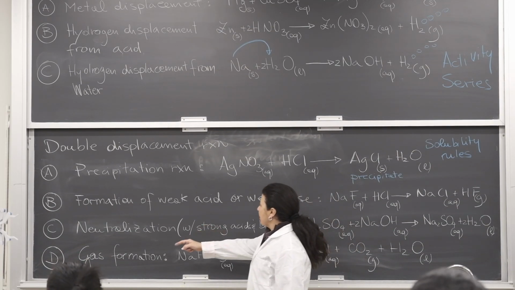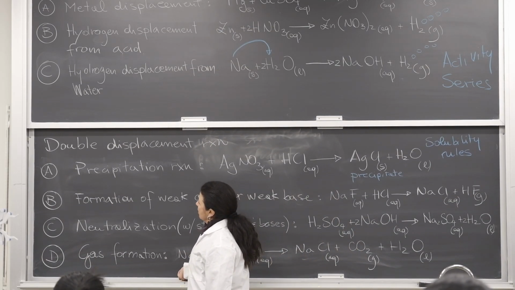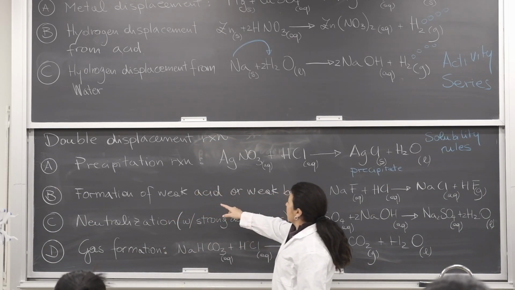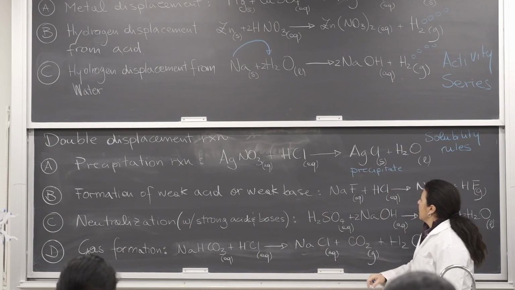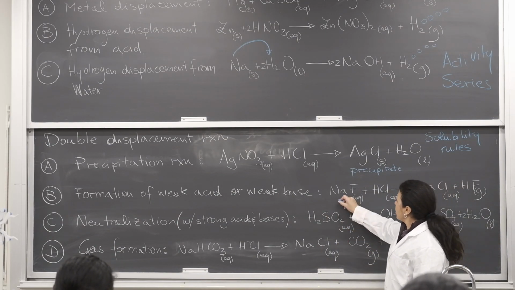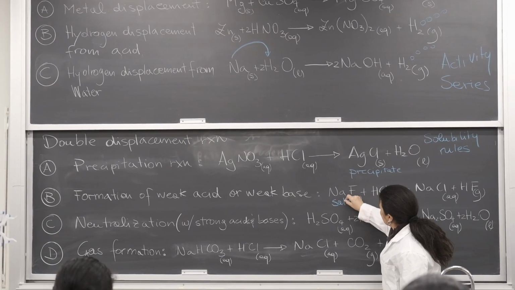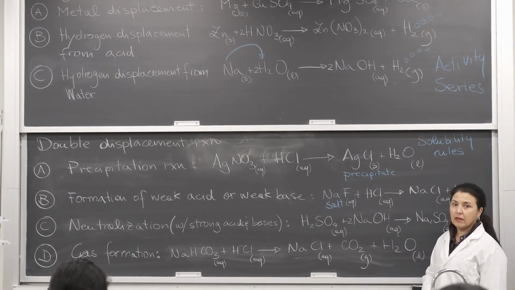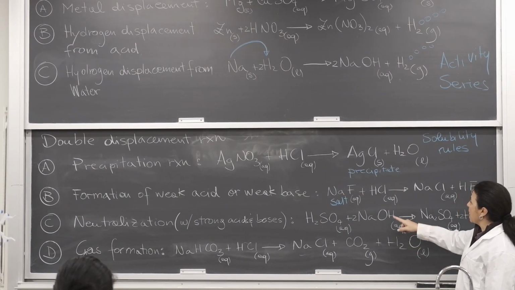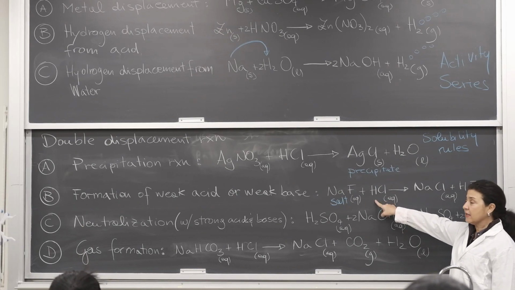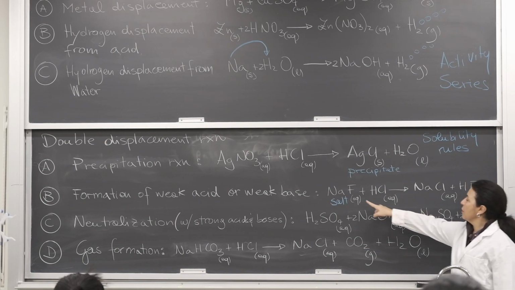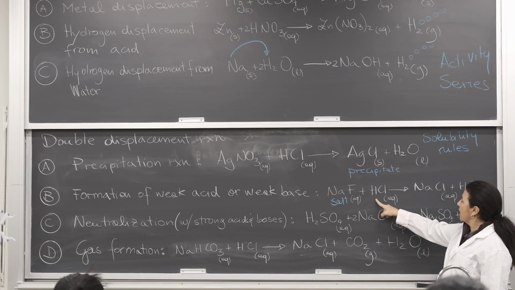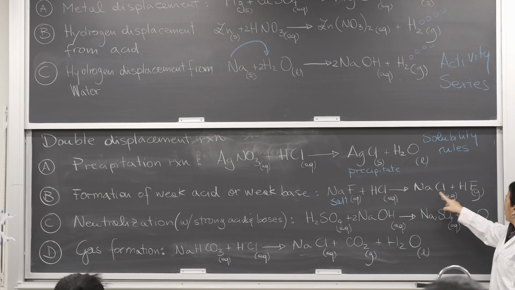The other type of reaction that we can have is formation of a weak acid or a weak base. This happens when a salt of a weak acid or a salt of a weak base reacts with a stronger acid, in this case, sodium fluoride reacts with hydrochloric acid to give sodium chloride and hydrogen fluoride.